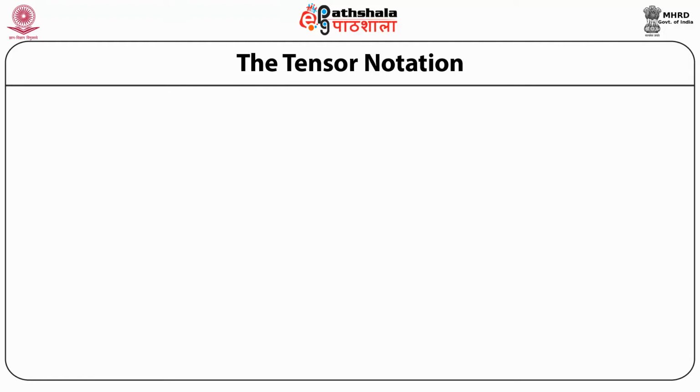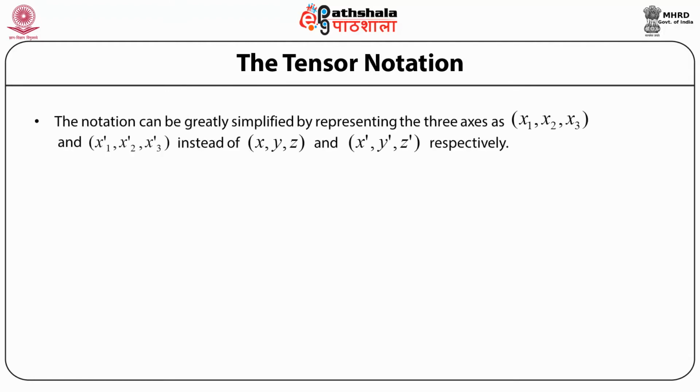The tensor notation. The notation can be greatly simplified by representing the three axes as x1, x2, x3 and x1', x2', x3' instead of x, y, z and x', y', z' respectively. Unit vectors are represented by E1 cap, E2 cap, E3 cap and E1' cap, E2' cap, E3' cap.